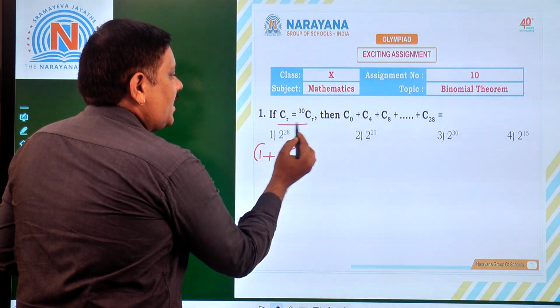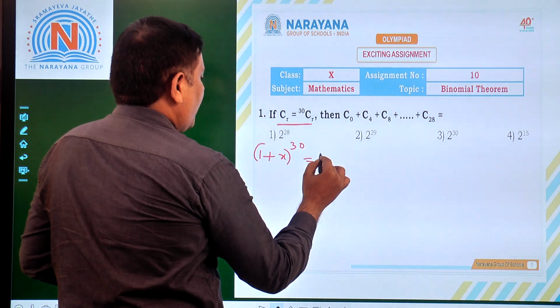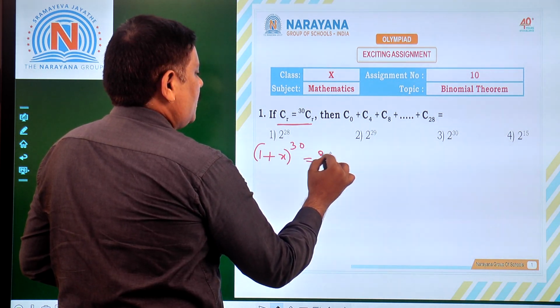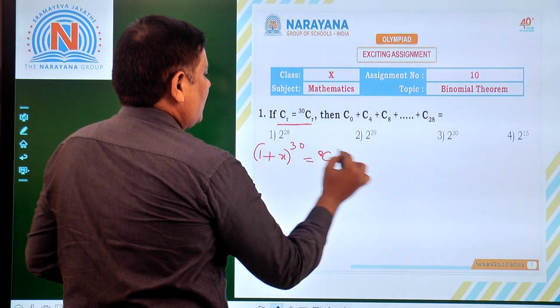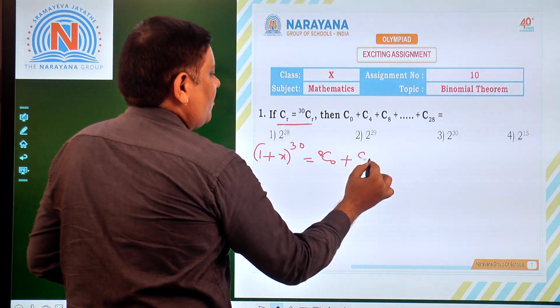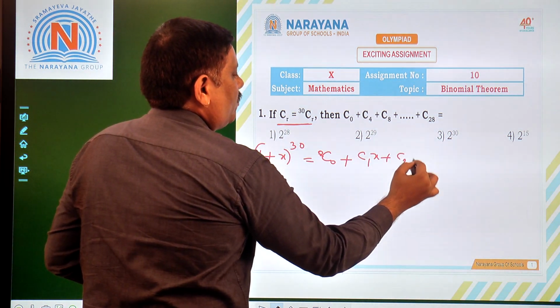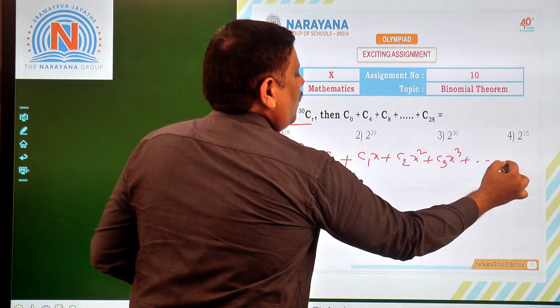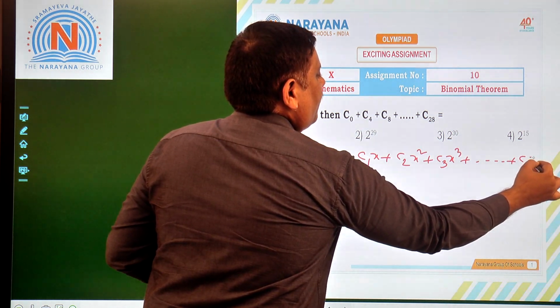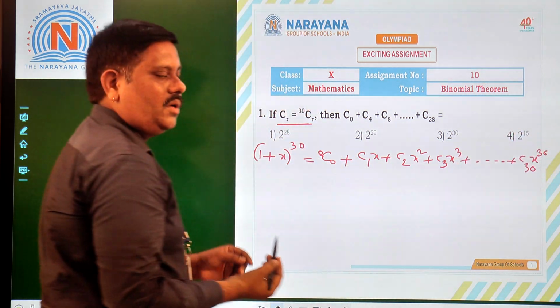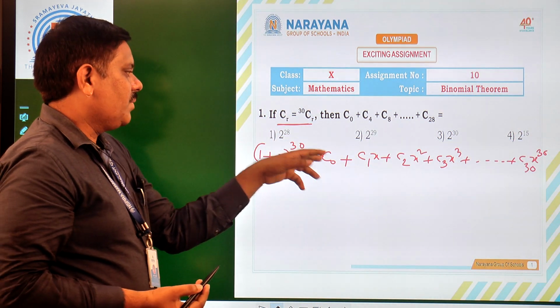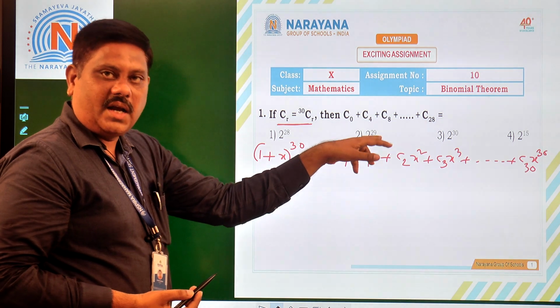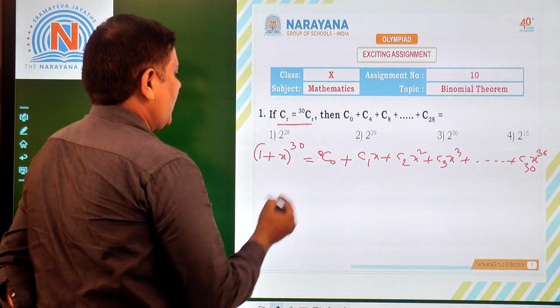But we are given C_r as 30 C_r, so I can write it as C0 plus C1 times x plus C2 times x square plus C3 times x cube plus so on plus C30 times x power 30. So instead of writing 30 C0, I can simply write it as C0, 30 C1 as C1, and it goes on like that.